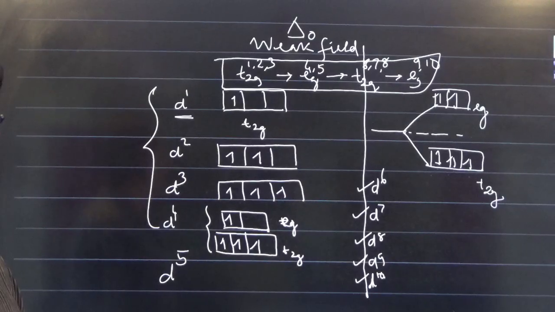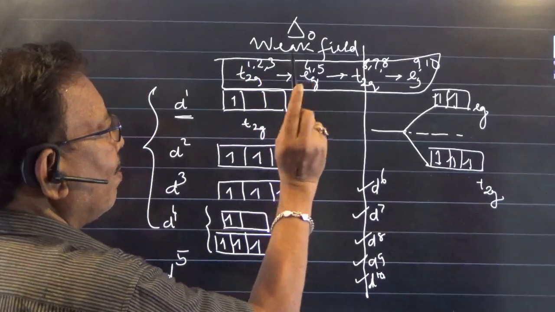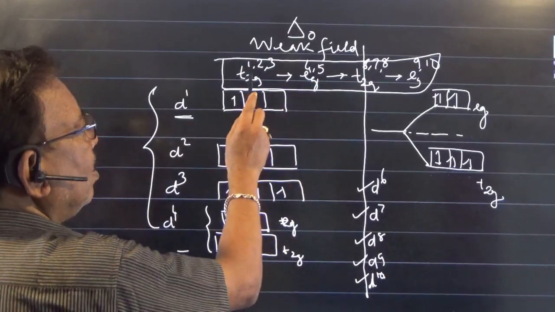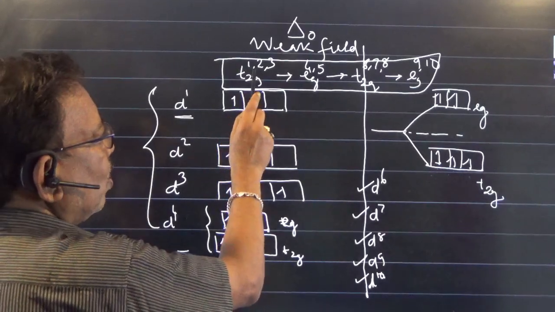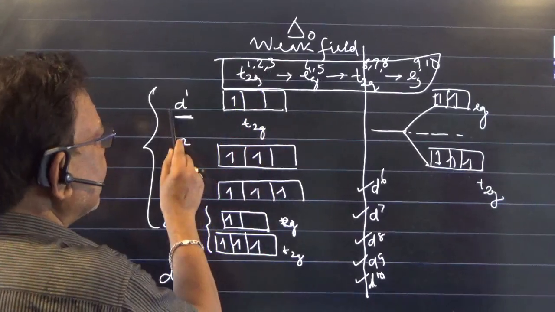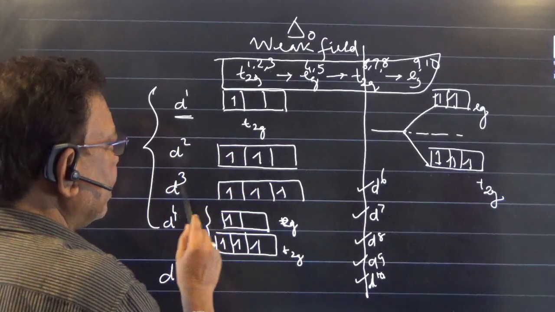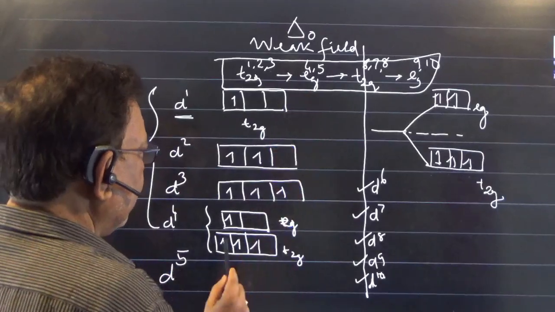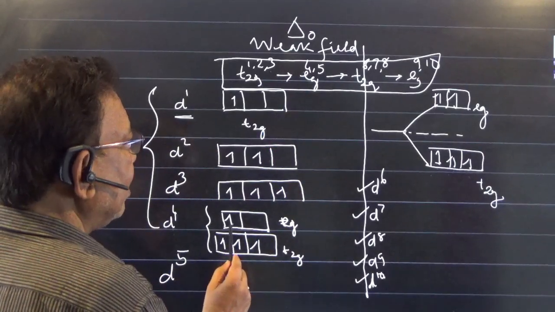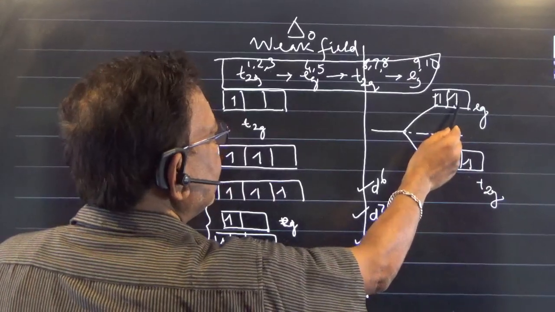Yes, sir. Listen, I want to repeat once more. Where will the number of electrons go? 1, 2, 3 as written: D1 has 1, D2 has 2, D3 has 3. When D4 comes, the 4th electron will go to the Eg. Now in D5, the 5th electron will come to the Eg.